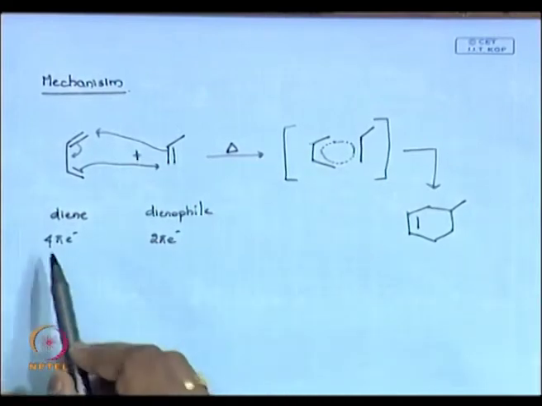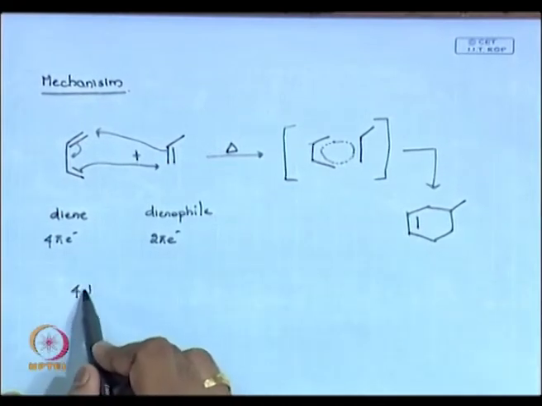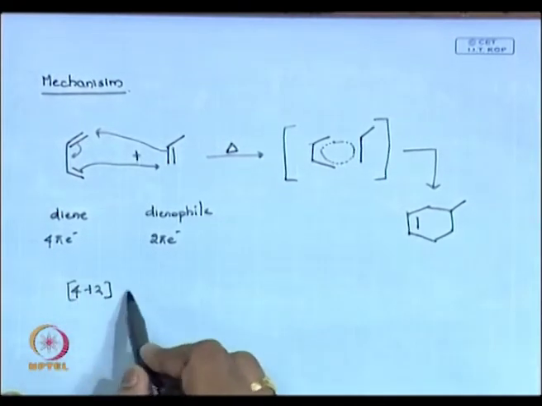Since it is a 4 pi and 2 pi interaction, we call it a 4+2 cycloaddition.